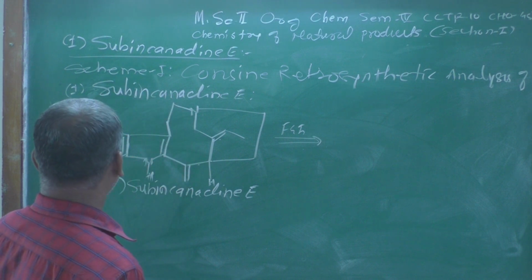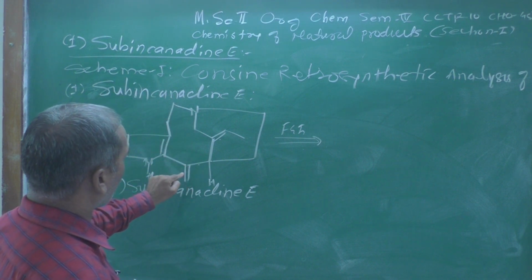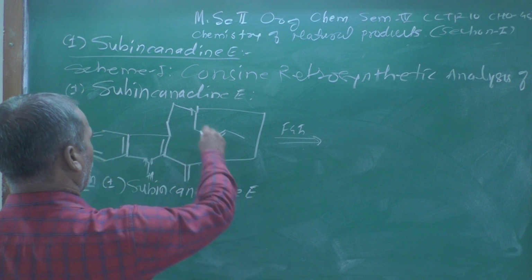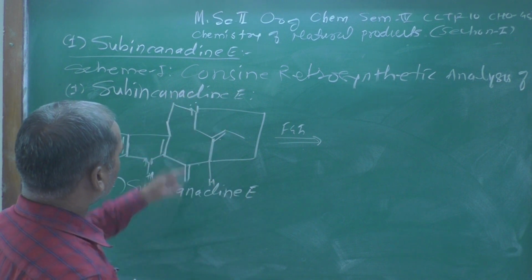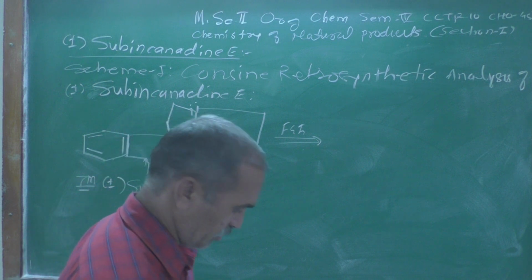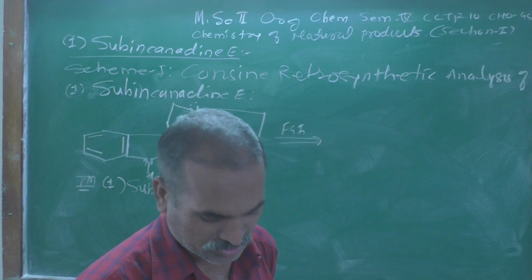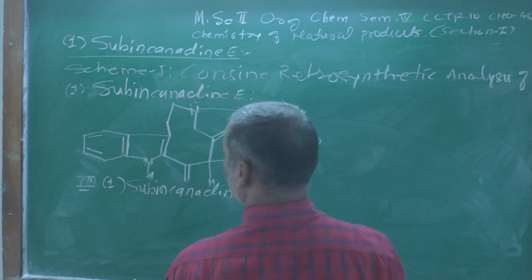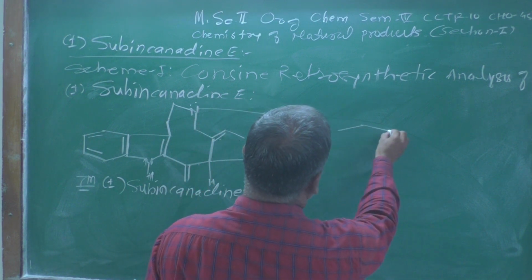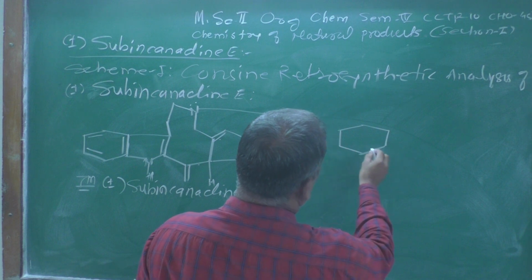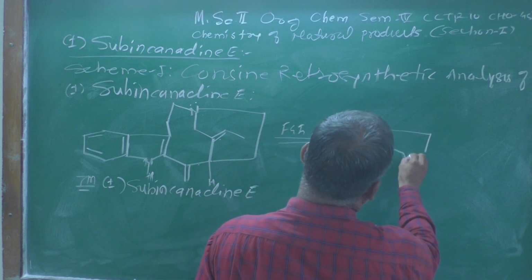If you observe this molecule, you will see a carbon-carbon double bond, a carbon-carbon triple bond, and a nitrogen, a tertiary amine present here, and by doing the FGI functional group interconversion, you may get this type of structure.